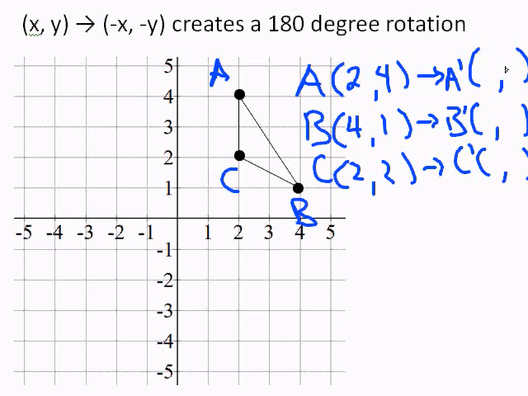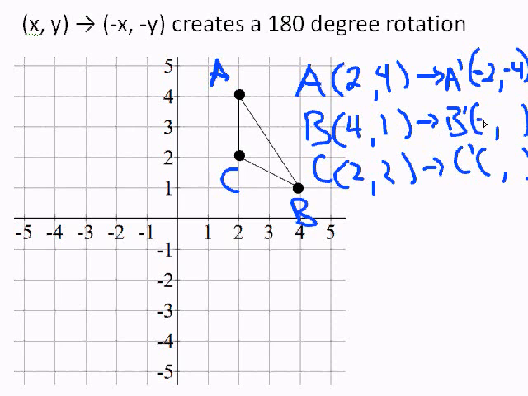So A is going to go to A prime. Notice that when we rotate A 180 degrees, the x and the y change signs. They both become negative. Likewise, if they were both negative, they would have both become positive. So 2, 4 becomes negative 2, negative 4.